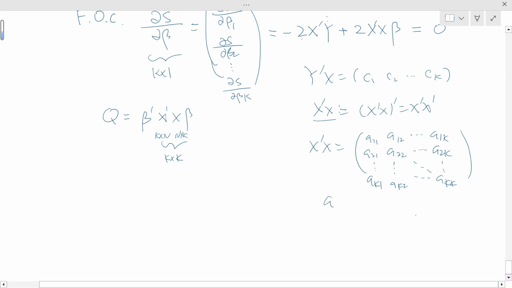That means a12 is equal to a21, or more generally, aij is equal to aji. So this matrix is symmetric along the diagonal. Okay, so let's expand this multiplication. Beta prime is beta 1, beta 2 until beta k times, what is this?